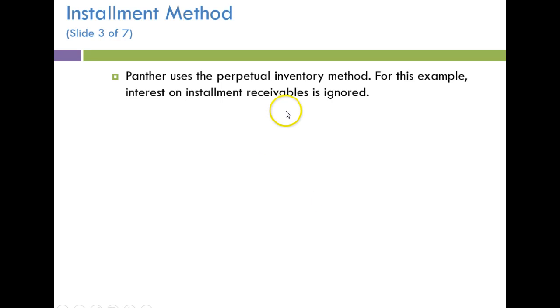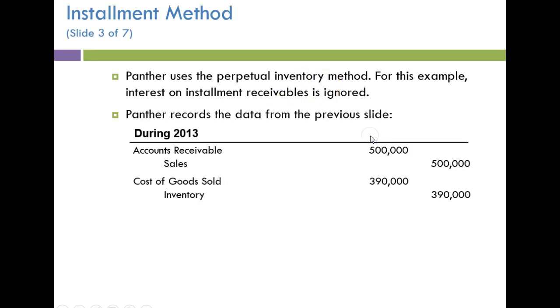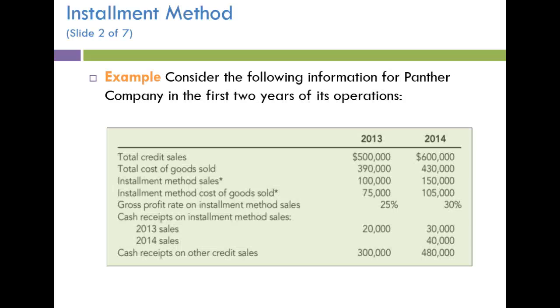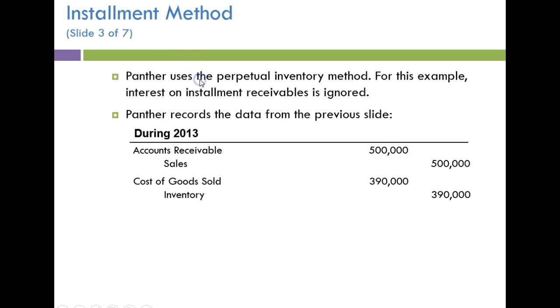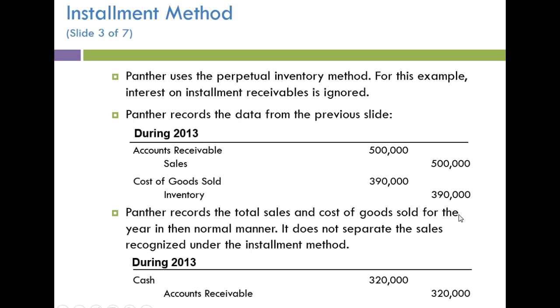So, based on this perpetual inventory method, let me figure out what we did here. In here, we're looking at cash receipts from other sales, but this installment portion, we're going to understand. Here in accounts receivable and sales, we've got accounts receivable of $500,000, sales of $500,000. We've got our cost of goods sold of $390,000, our inventory of $390,000.